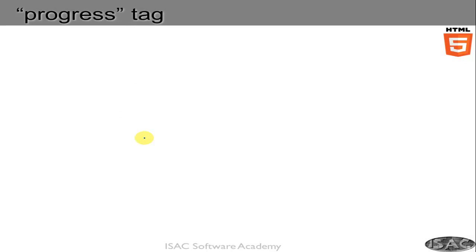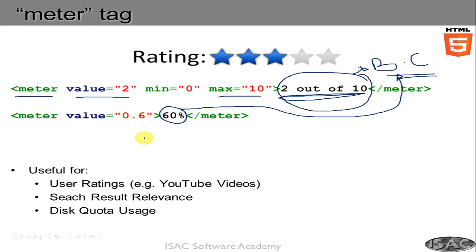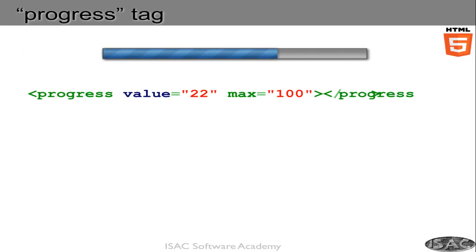Now the other one is the progress tag. What the progress tag means is that some process is going on and you want to show how it moves. The previous one was static. Once you display it, it is static, but this one keeps changing. With the progress tag you can say value equals to 22, max equals to 100, and you can keep changing this value, and this will show like a progress bar.